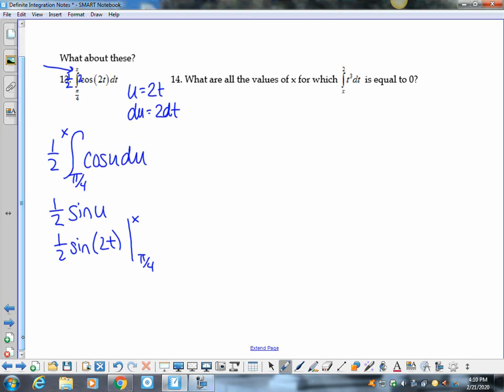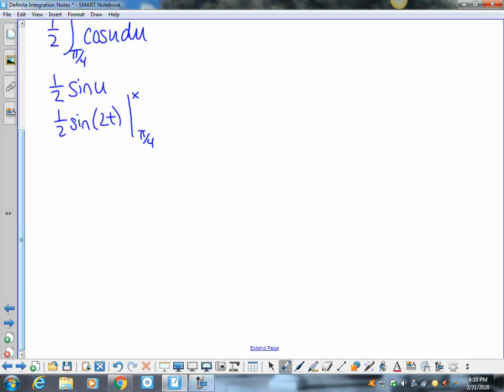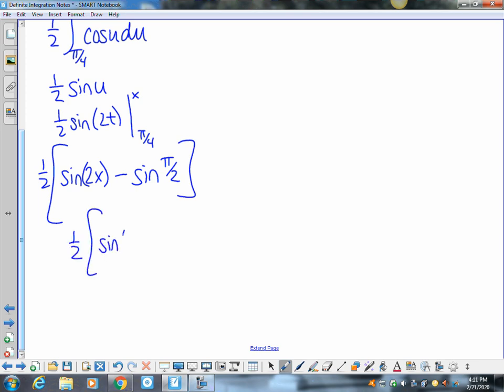So now I'm just going to plug in an x. Minus, all right, 2 times pi over 4 is going to give me pi over 2. Sine of pi over 2 is 1.